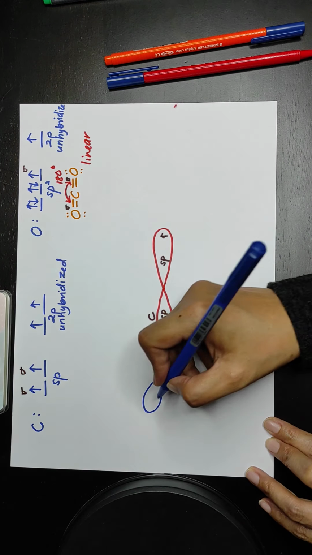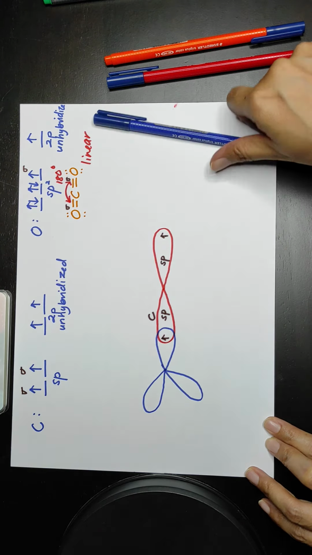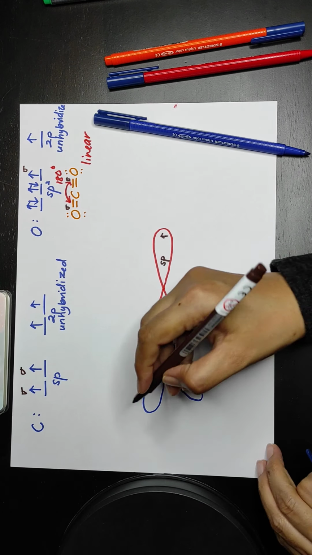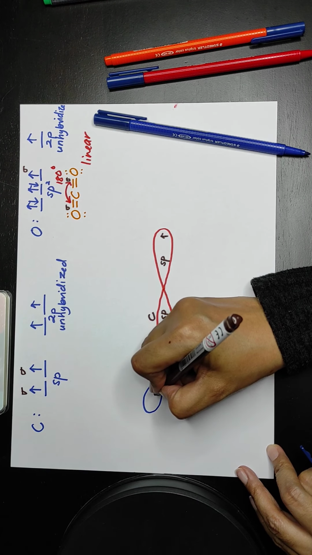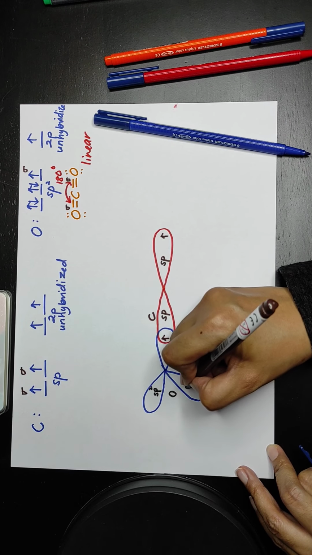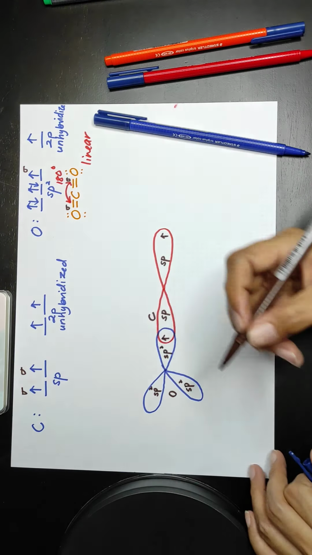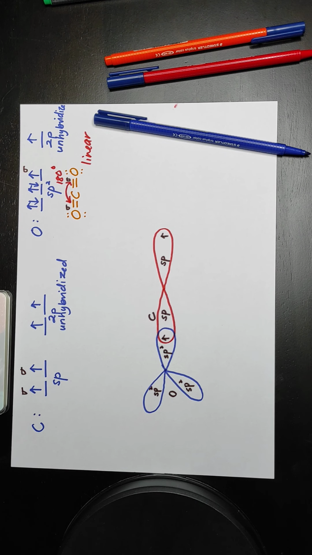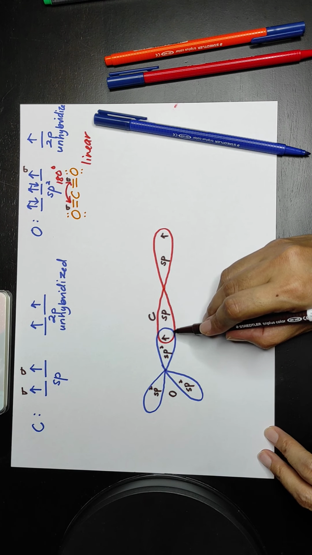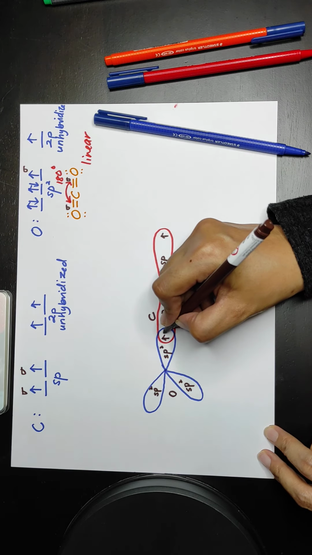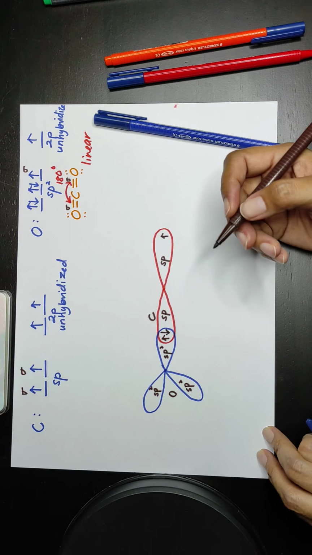Okay, so let me label it here. Let's say oxygen, and these are the sp2 hybrid orbitals of oxygen. 3 sp2 hybrid orbitals of oxygen, and in the overlap region there are shared electrons with opposite spin.